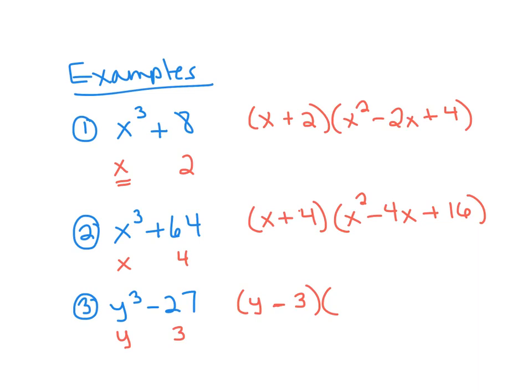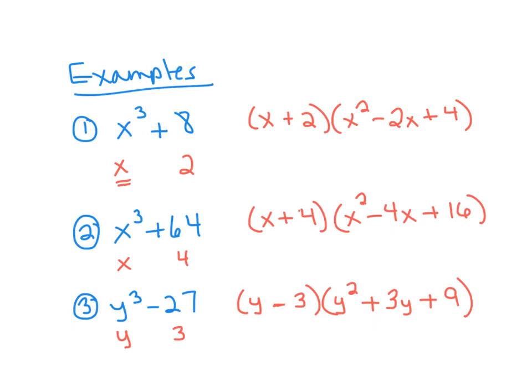Then you take the first term squared, so y squared. Opposite sign, so now it's a plus. 3y, because you just multiply the two together, always positive, and then you square it, 3 times 3, 9. So it's just a matter of getting the hang of the process.